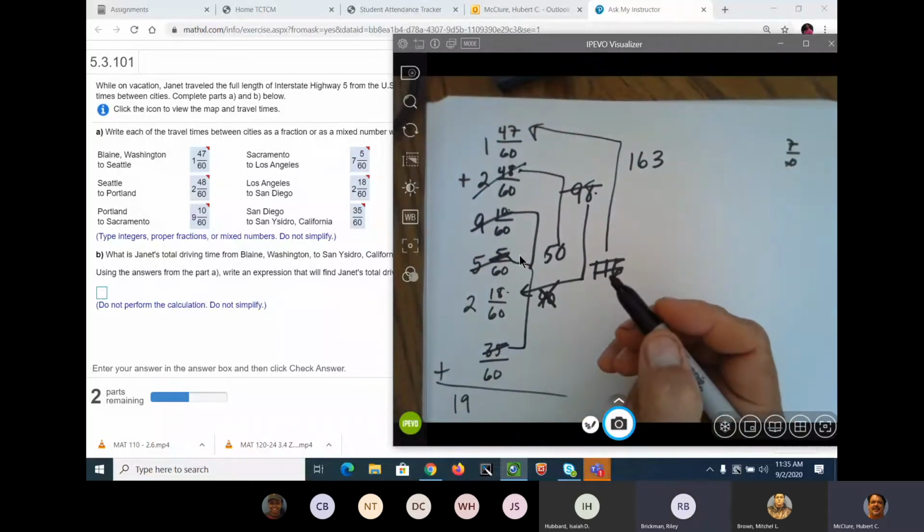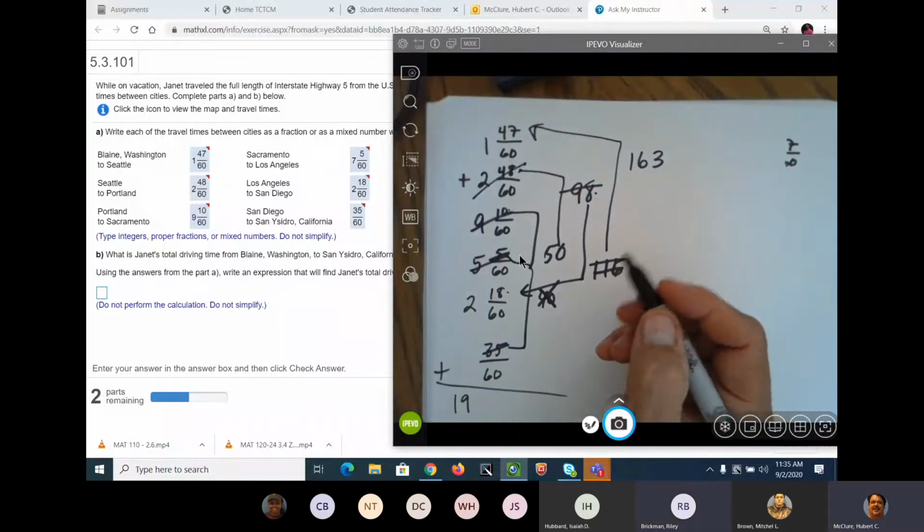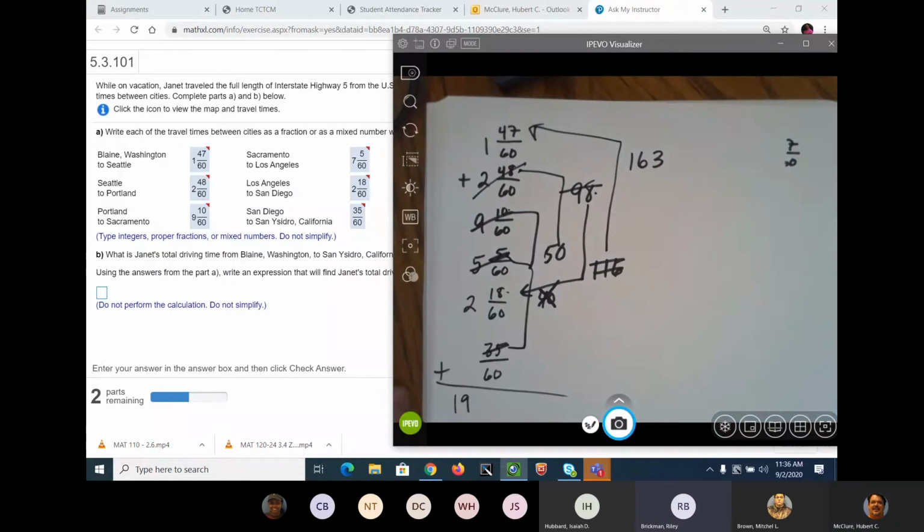What do you get? You said 47 plus 48 plus 10 plus 5 plus 18? Plus 35. Oh, plus 35, sorry. That would be 163. Okay, thank you, Mr. Rick Brickman, the only person that can talk in the room. Thank you. I appreciate your interaction. Makes the class go by a whole lot faster, doesn't it? Yes, sir.